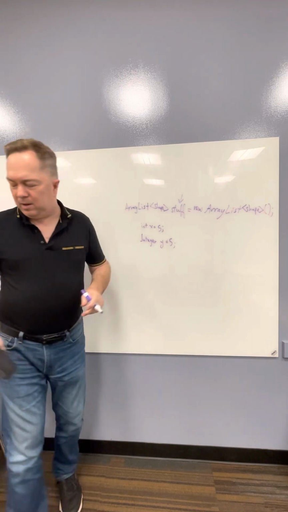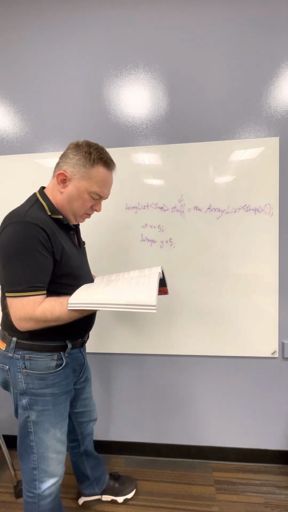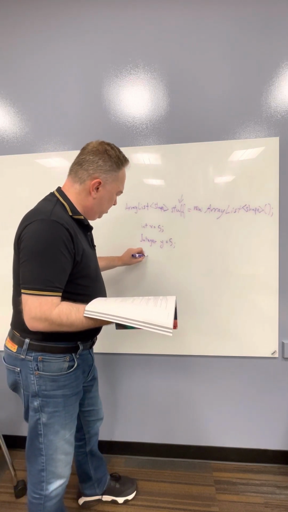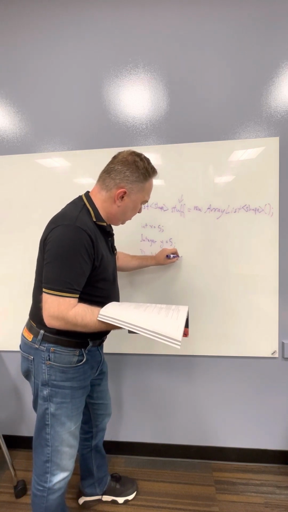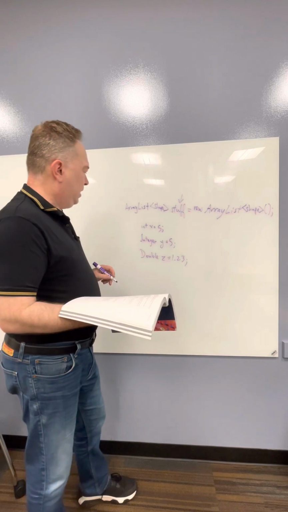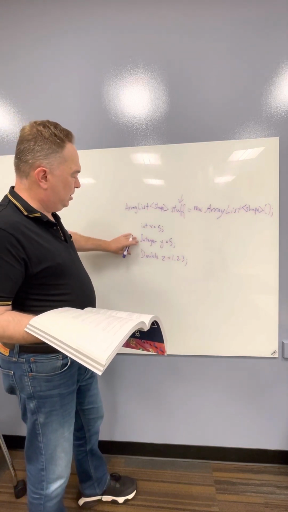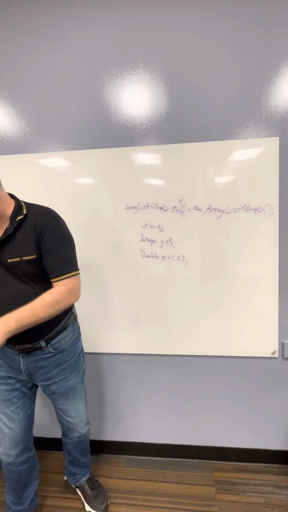Now, this is a bit unique to Java. I don't know too many other languages that do things this way. There's also like a Double z equals 1, 2, 3, things like that. You need these object versions if you want a list of these things.